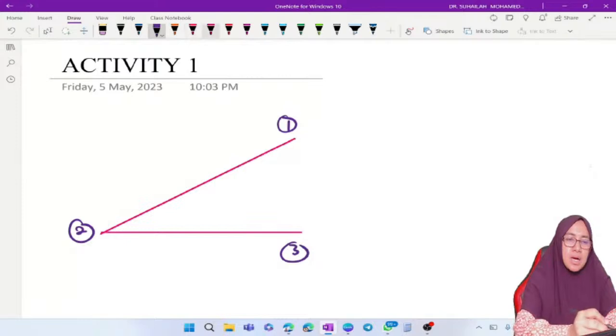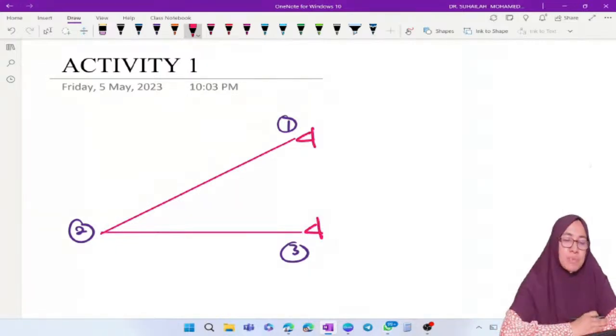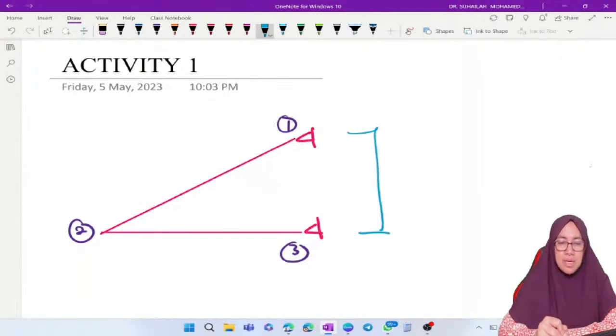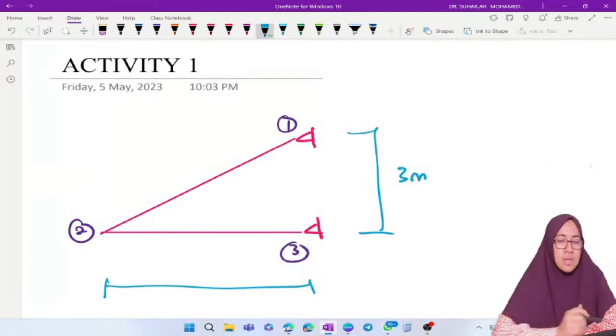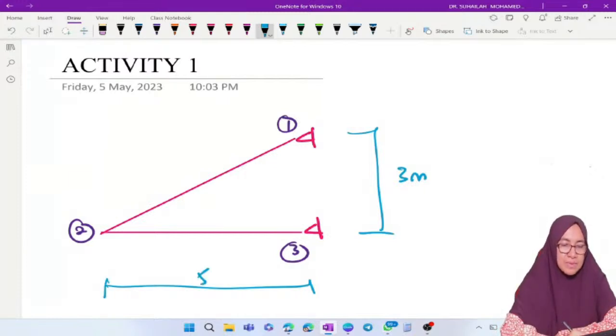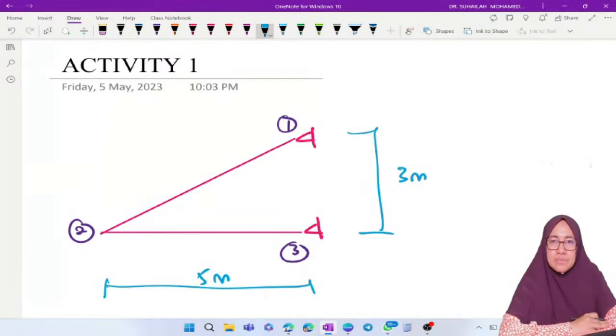This has 2 pin supports. Okay, we revise back first. The vertical distance is 3 meters, and the horizontal is 5 meters.